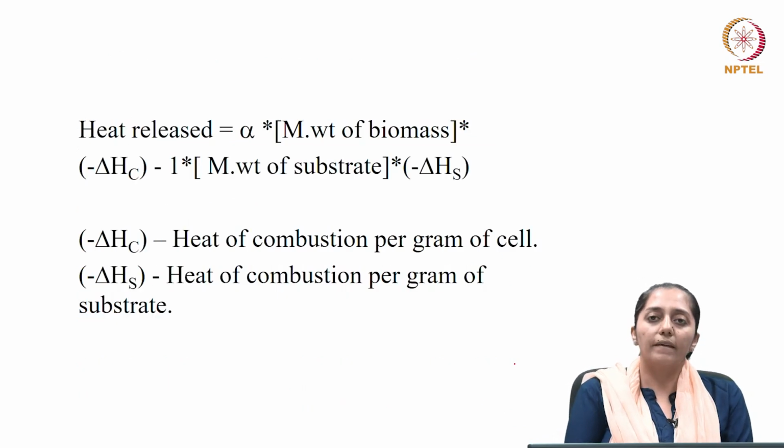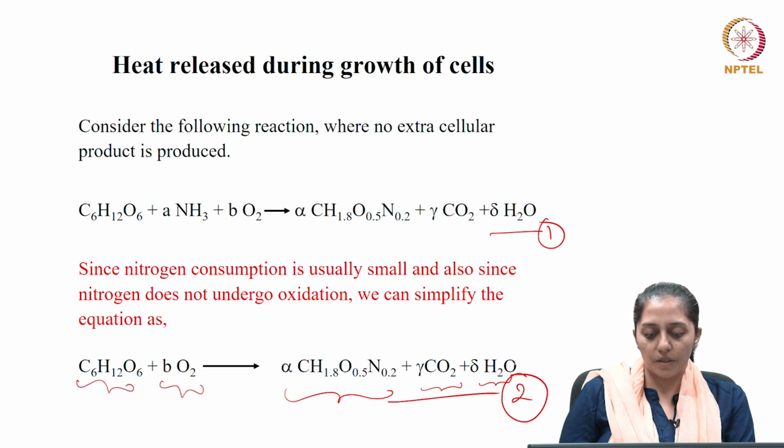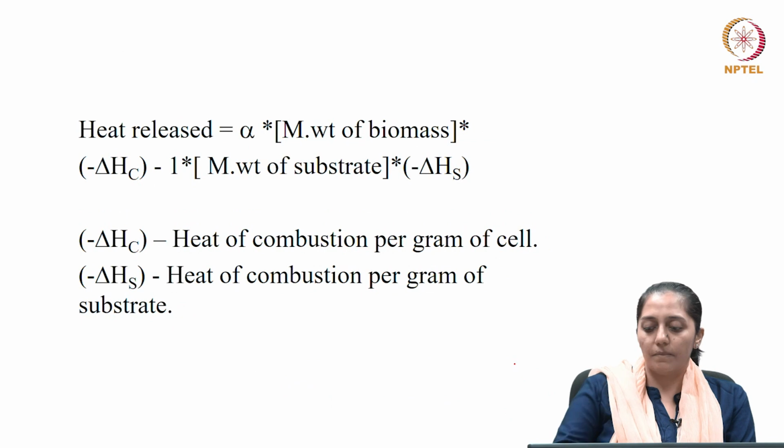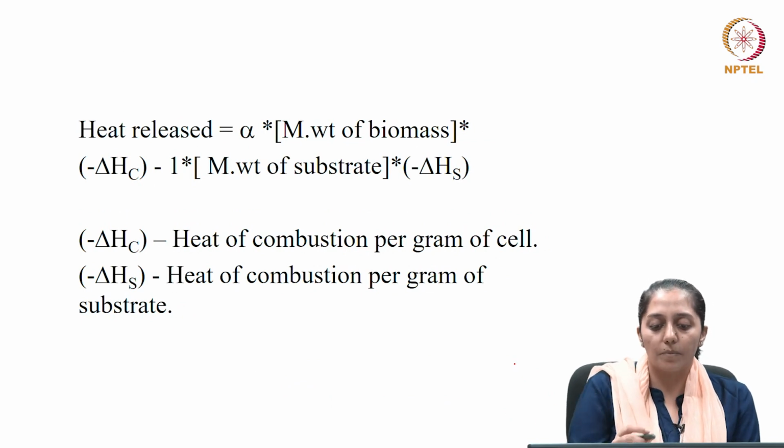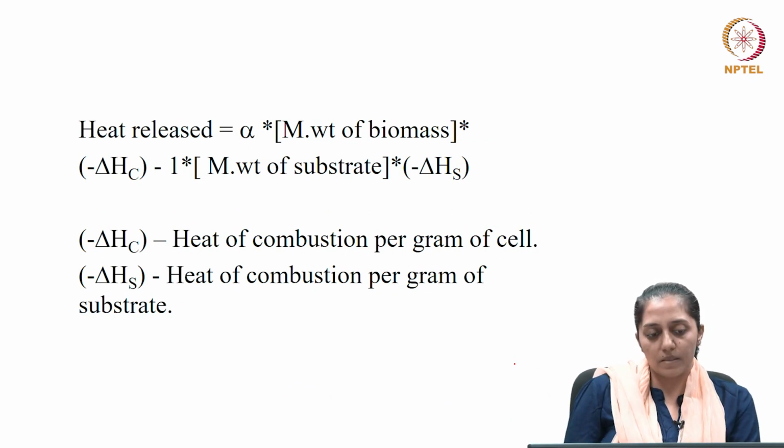Now, in order to find the heat released, this would be what? If we go by equation 2, this will be alpha times the molecular weight of the biomass multiplied by the enthalpy, the heat of combustion of the biomass.